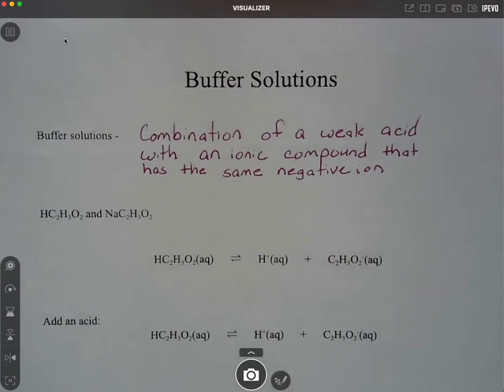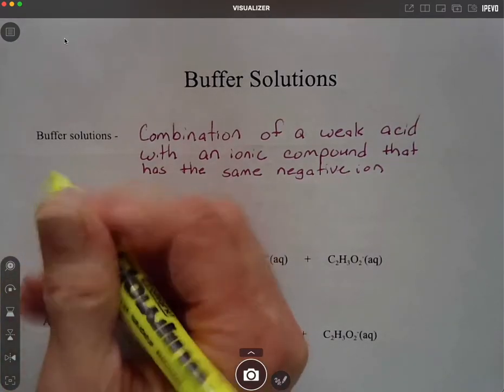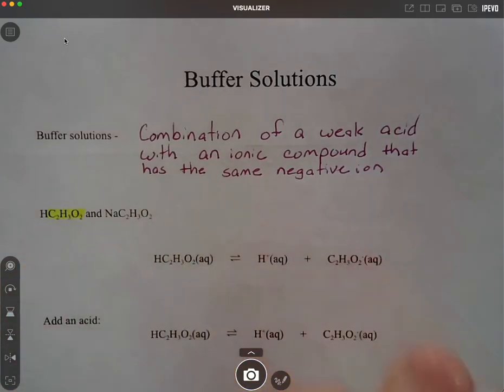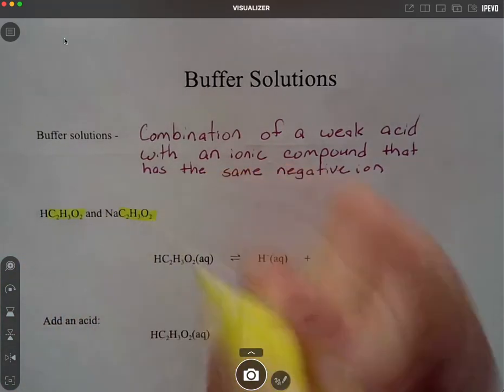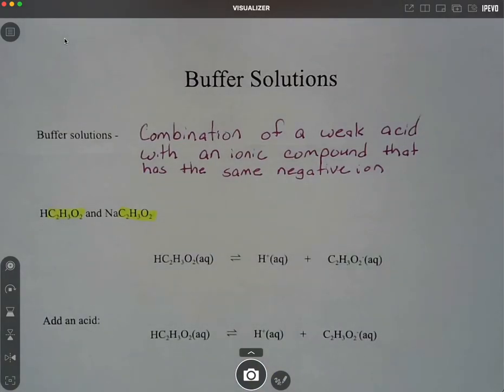So we did acetic acid and sodium acetate. The acetic part of acetic acid is the acetate ion, and so we combined it with some sodium acetate because it had the matching negative ion.